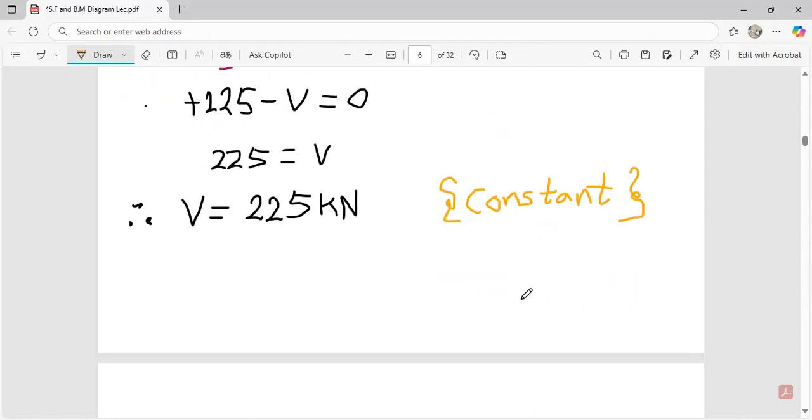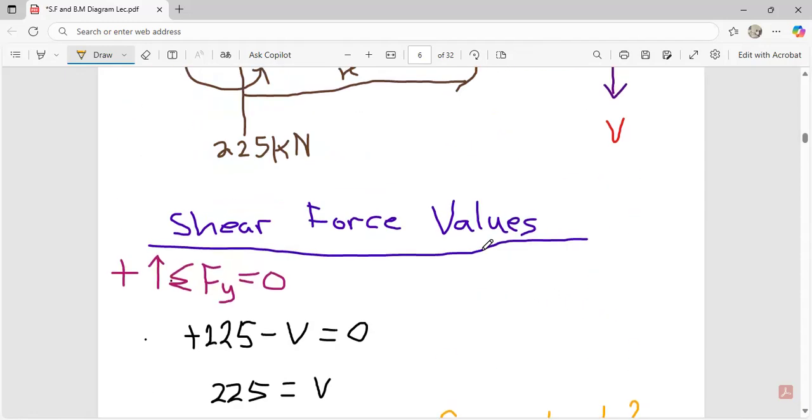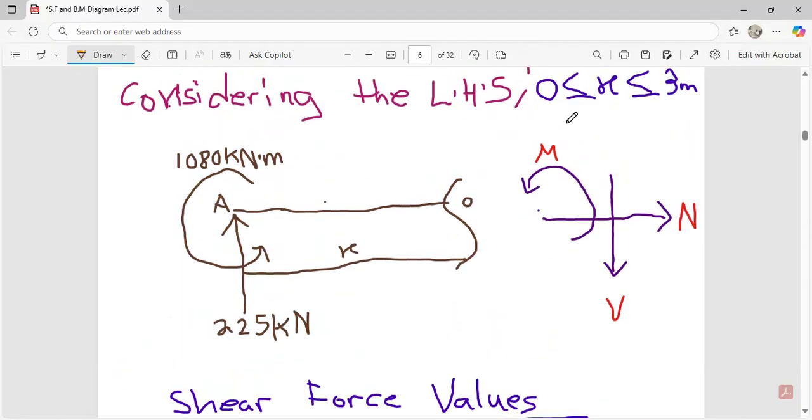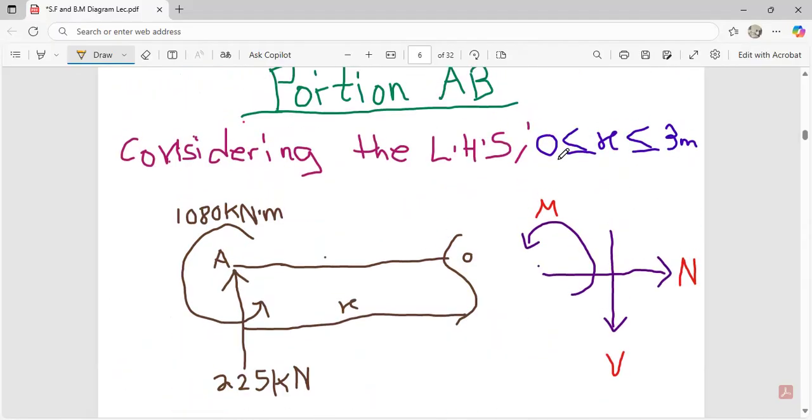Good. So from here, how do we do it? We're going to talk about the interval we placed over here. We're going to consider x is equal to 0, and we're also going to consider x is equal to 3.